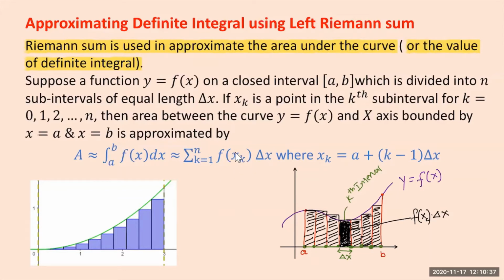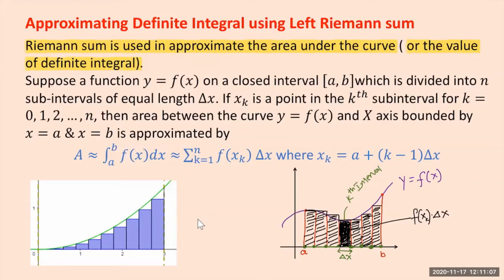And the way we find xk differs from one Riemann sum to another. In the case of the left Riemann sum, xk, the kth position, is equal to a plus (a is the lower limit of the integration, or the lower boundary for the area) k minus 1 times delta x. Once we have everything set up in this format, we can use our calculator and evaluate the Riemann sum.